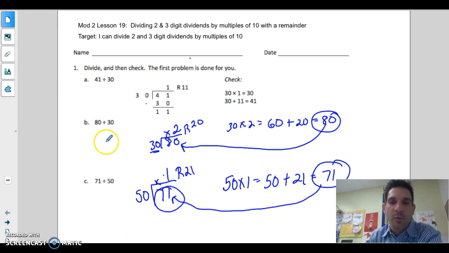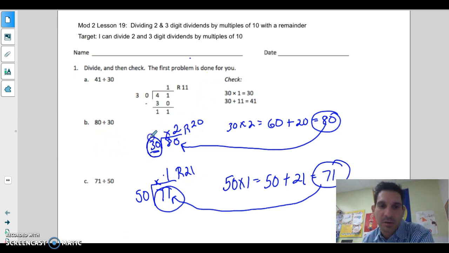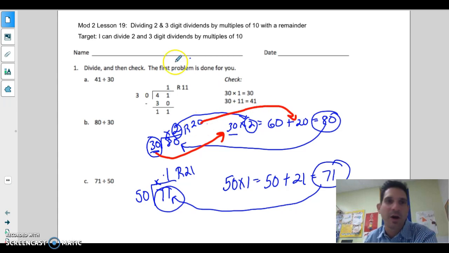Watch what I did over here. I took this 30 and multiplied it by the 2, which was the answer here. So this is all making sense, hopefully, in theory. And then I added the remainder. A lot of arrows going on, I'm sorry.